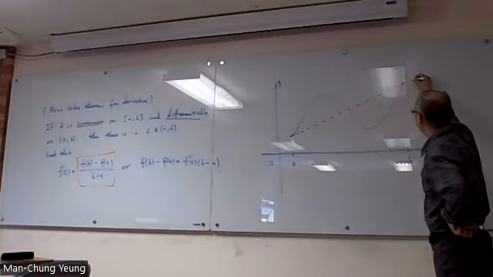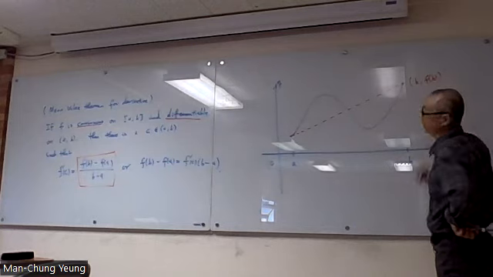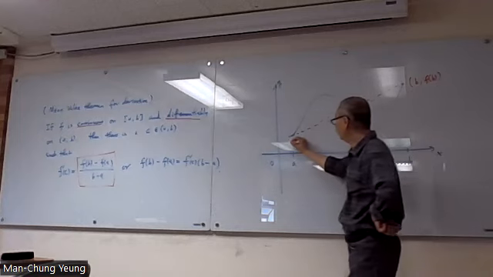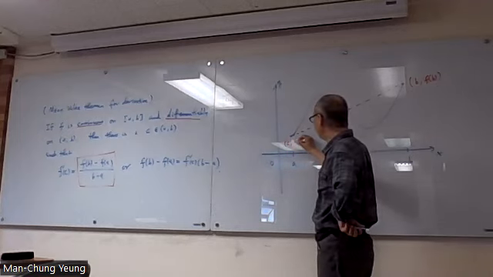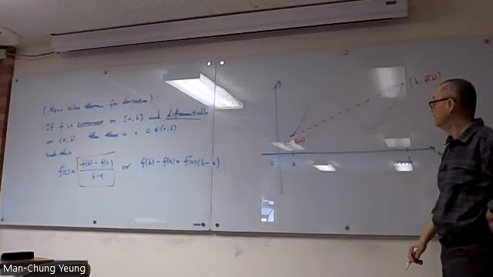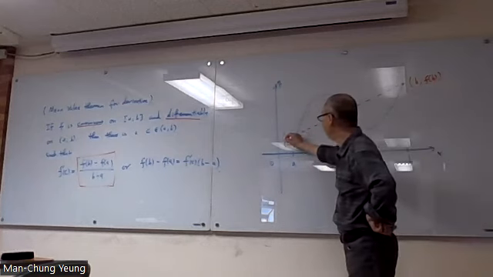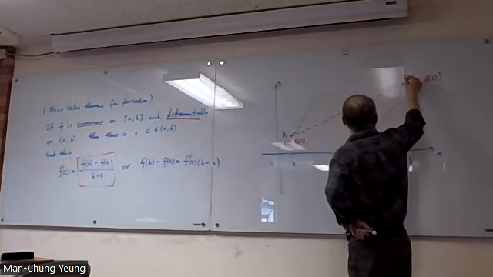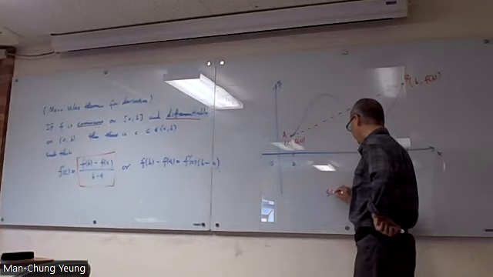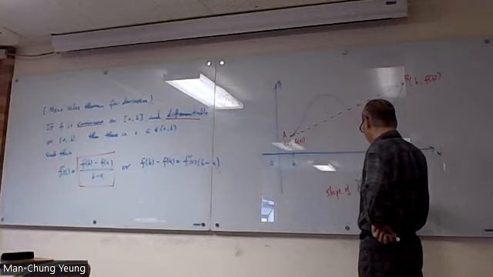This point, x coordinate is B, y coordinate is function value at B. The other point, x coordinate is A, function value at A. Let me give the line a name: the slope of line AB.